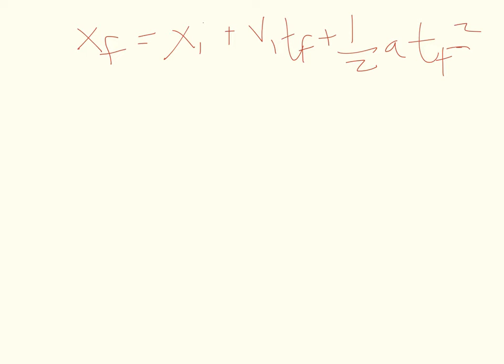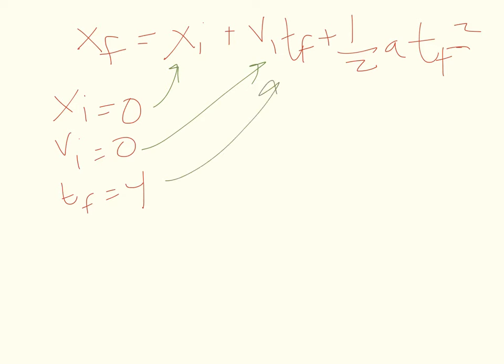Let's list out all of the variables that we need to know. We've got our xi, that's position initial, velocity initial, 0, time final, 4. No surprises there. We already knew all those things, didn't we? So we can also see that some things are going to 0 out. Check it out. All these things are going to 0 out here, and you're left again with just this one.